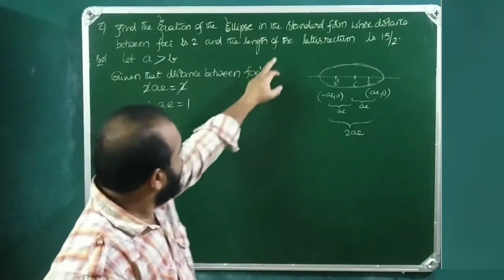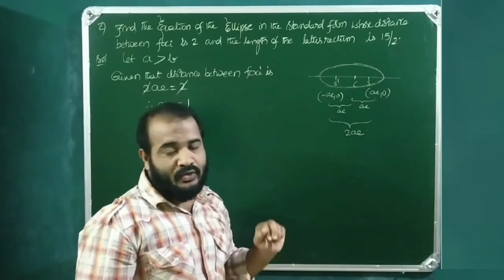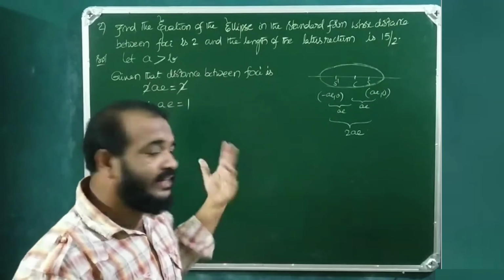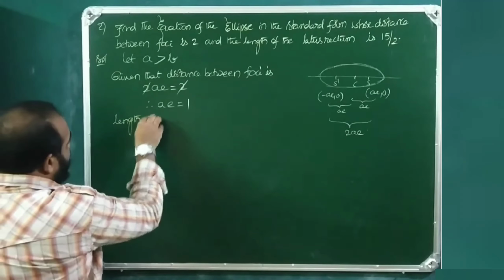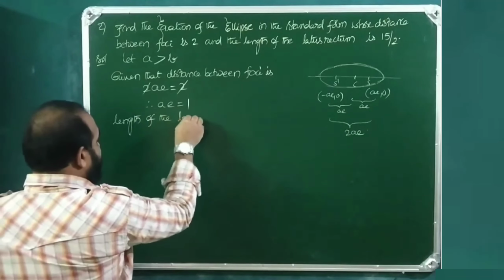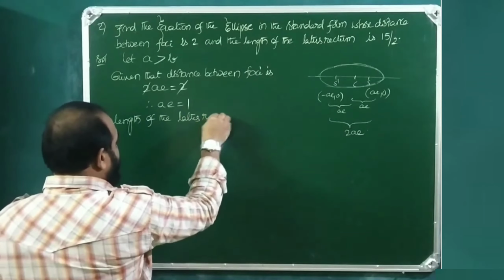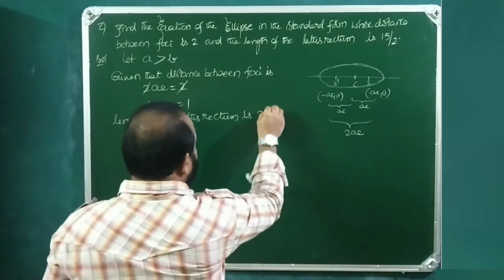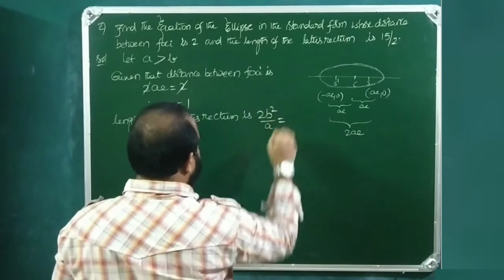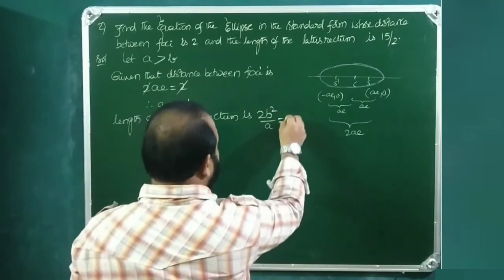And the length of the latus rectum is 15 by 2. For a greater than b case, length of the latus rectum is 2b square by a equals to 15 by 2.